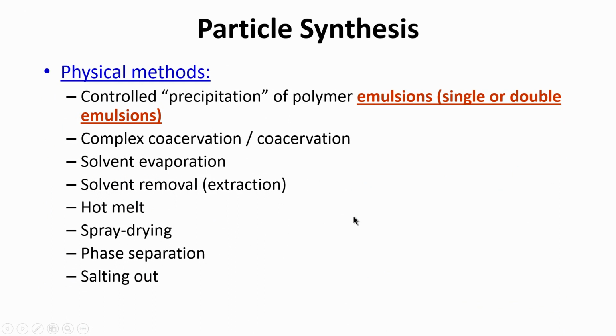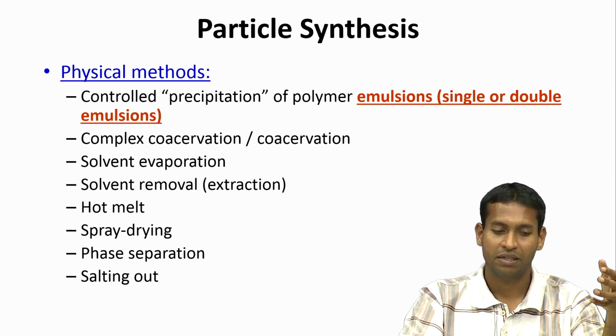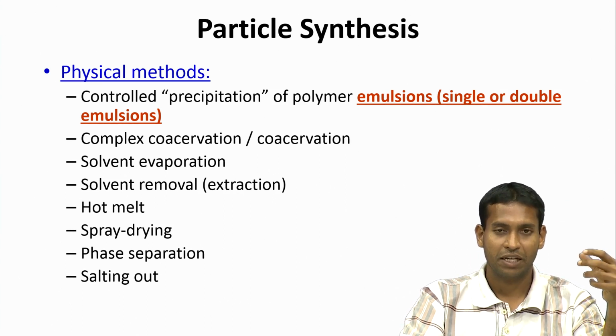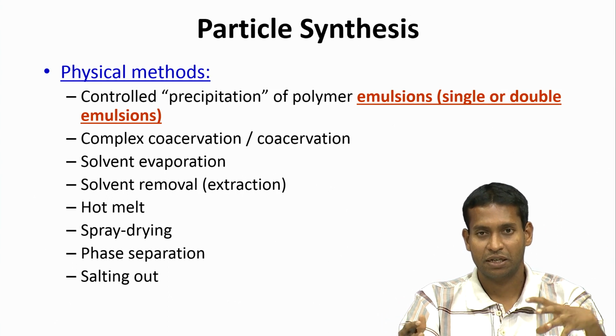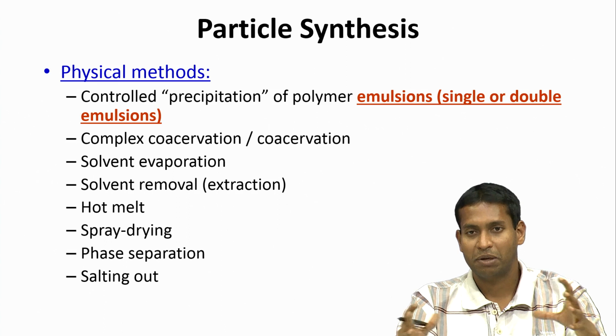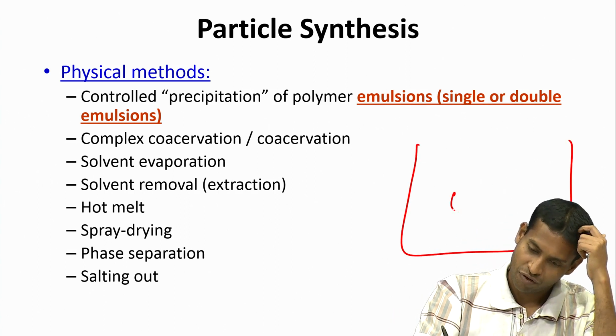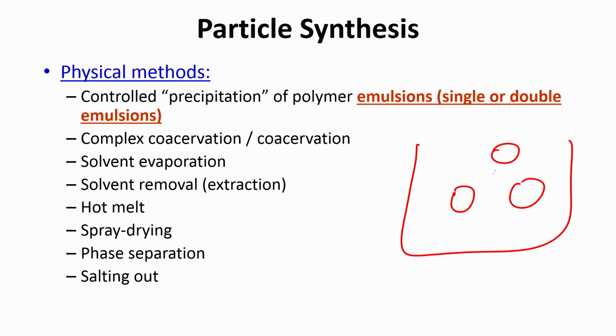And then there are lots and lots of physical methods that are much more widely used. These could be controlled precipitation of the polymer. So, basically you can have an emulsion process, and we will describe this in a little more detail as we go along, where you form emulsion droplets with polymer plus solvent, but the solvent is volatile.